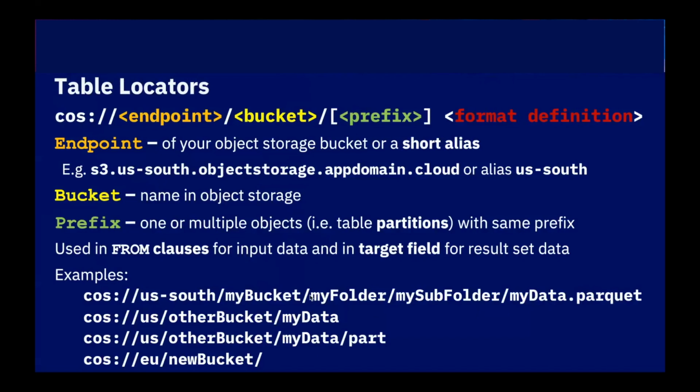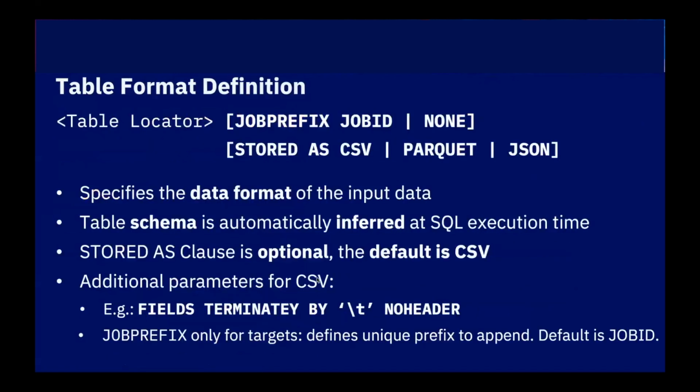Now, there are various different things that you can specify in addition to the URL. One is the table format. We can say which format it is stored in: is it CSV, Parquet, JSON, or other formats? And depending on the format, you can also tell us, for example, that the fields in the CSV case use a non-default delimiter and these kinds of things.